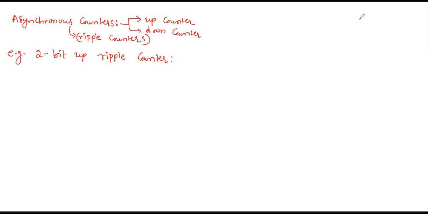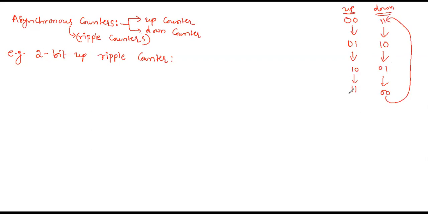So up counter means after 0 0 it has to go to 0 1, next 1 0, next 1 1. Down counter means first state will be 1 1, next it will go to 1 0, next 0 1, next 0 0. Again it will come to 1 1.